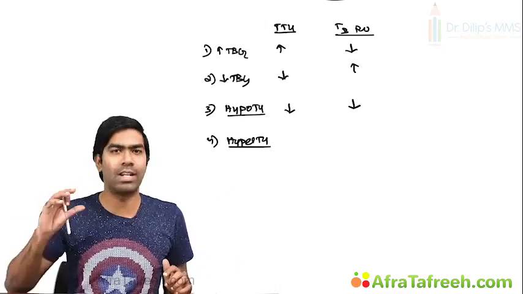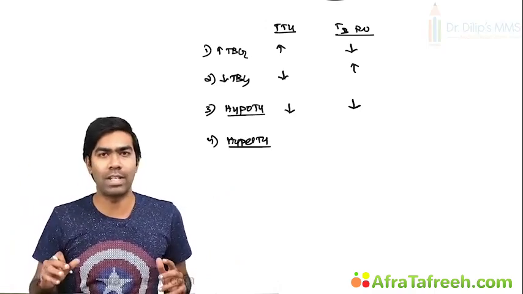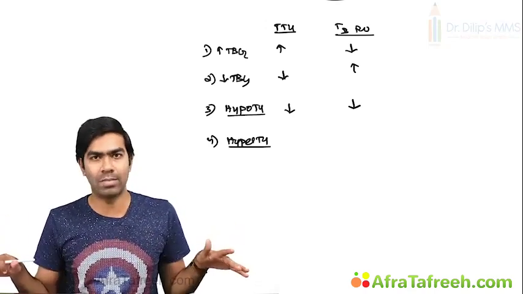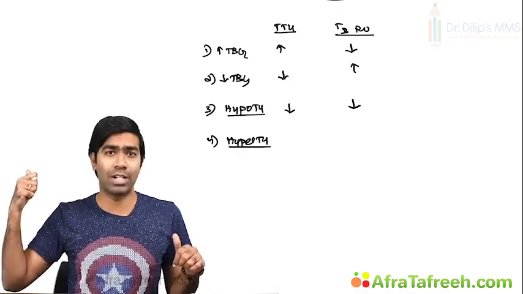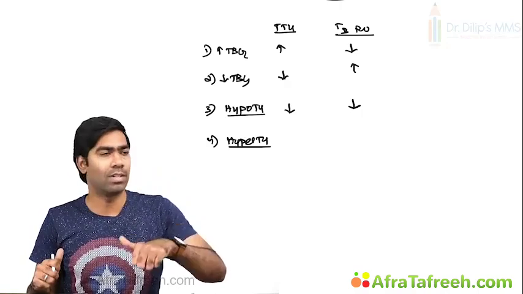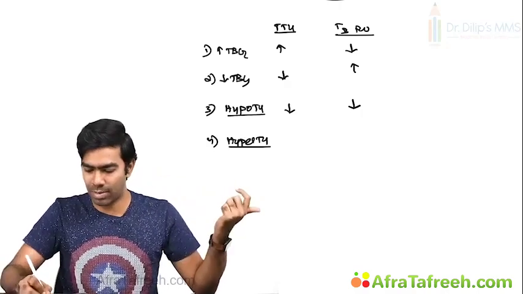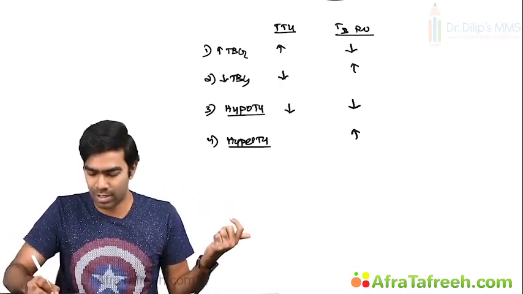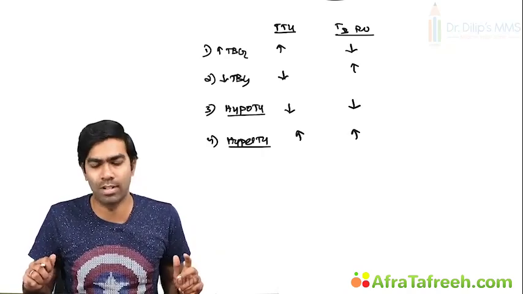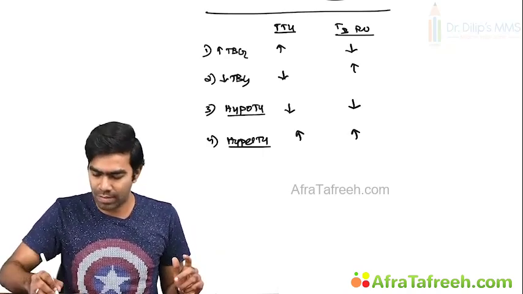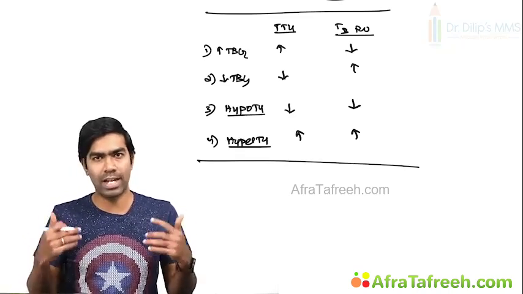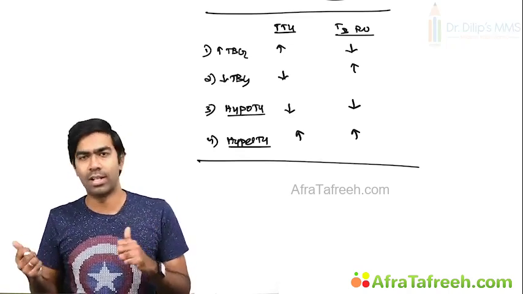So when you give the radiolabel T3, there will be no binding sites available, because they are already occupied by the excess T4 produced in the body. So whatever radiolabel T3 you give cannot bind to the TBG, so it will be available for the resin. So the resin uptake will increase and the total T4 also will be increased, because it's a real hyperthyroid state. This is very, very important for exams. So these are the things you will see in a low TBG state, high TBG state, hypothyroid state, and a hyperthyroid state.